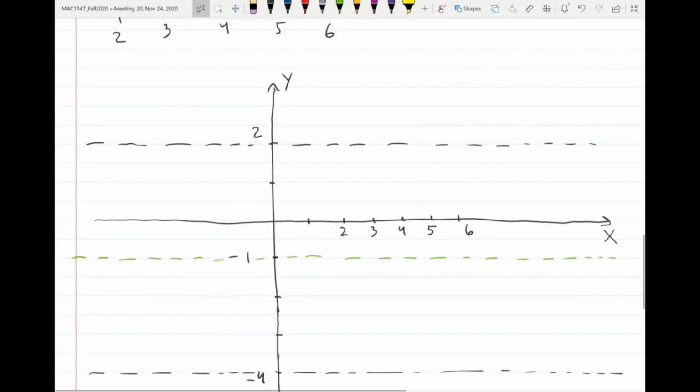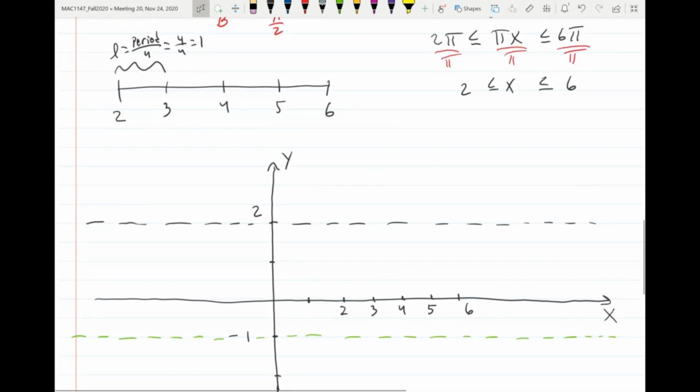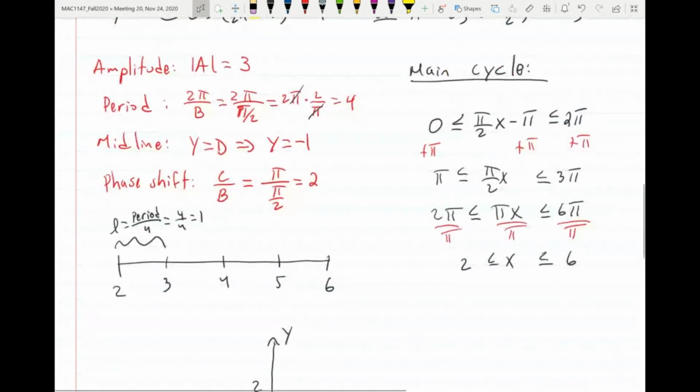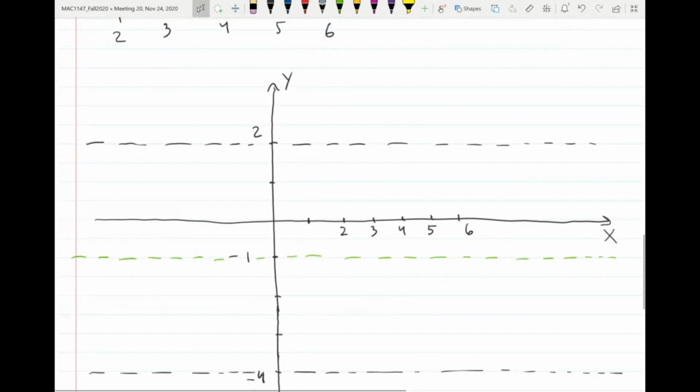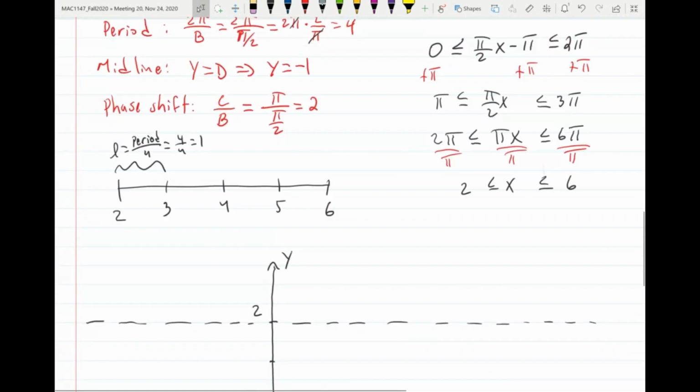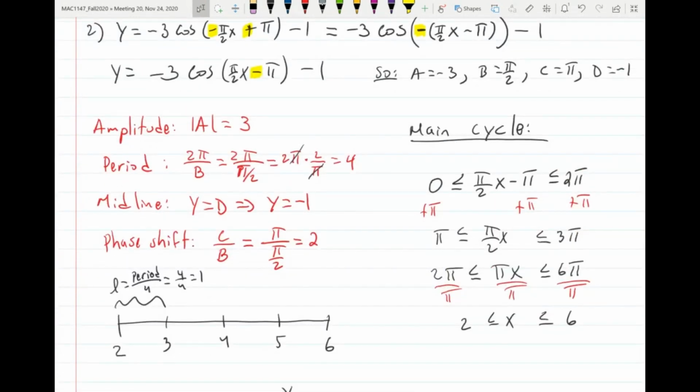Okay. So now, once we begin with this, then we put our key points. So remember, we already have the main cycle. What are we drawing? We are drawing a cosine function, and you need to understand that a is negative. So what does that mean? It means that we need to flip the graph, right?